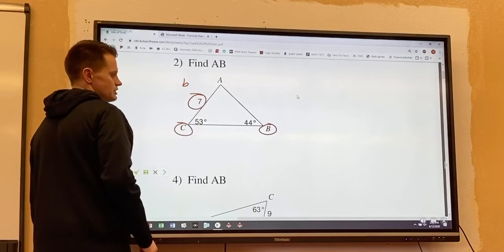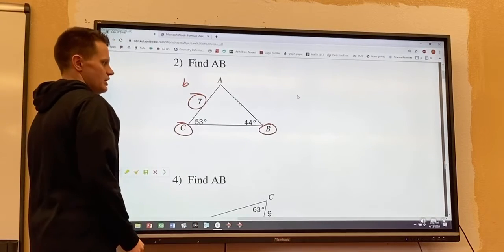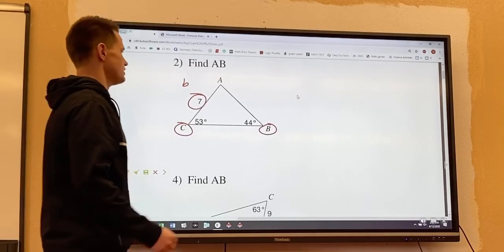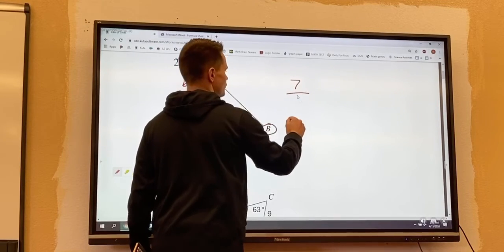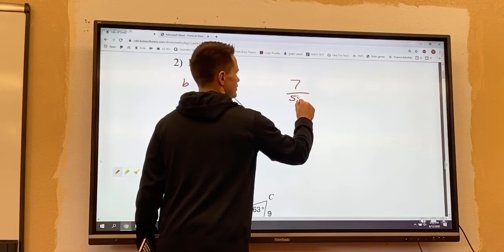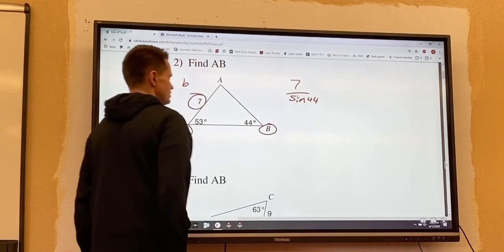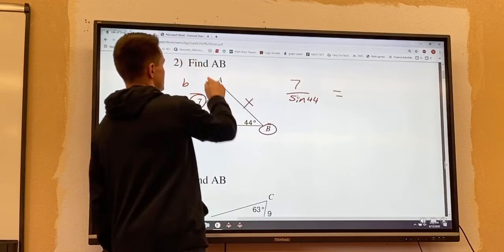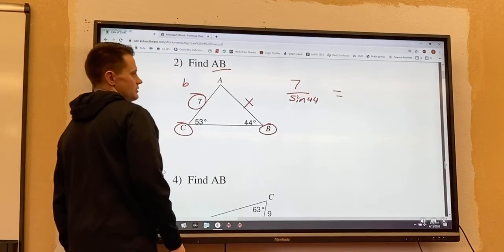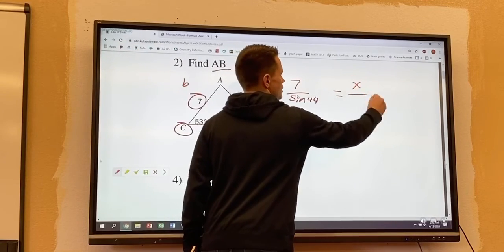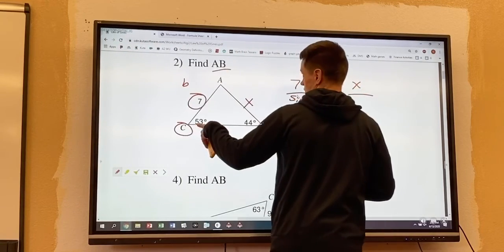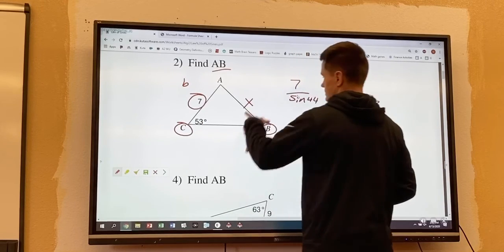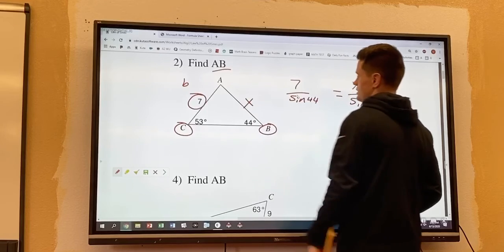This is lowercase b because it is opposite of angle B. So I'm going to use 7, or side b, over sine of B, which is 44 degrees, is equal to, I don't know this side, and I'm trying to find it, find AB, so that is my x, over sine of 53, because it is the angle given opposite of x.